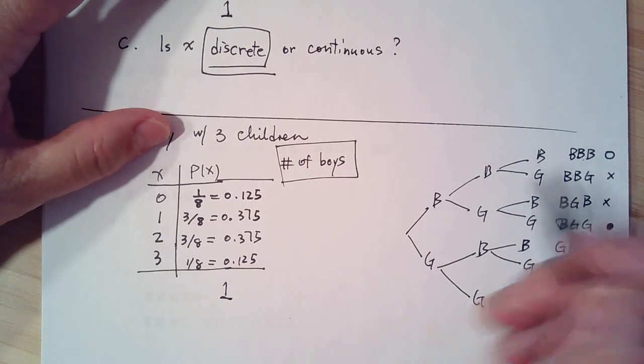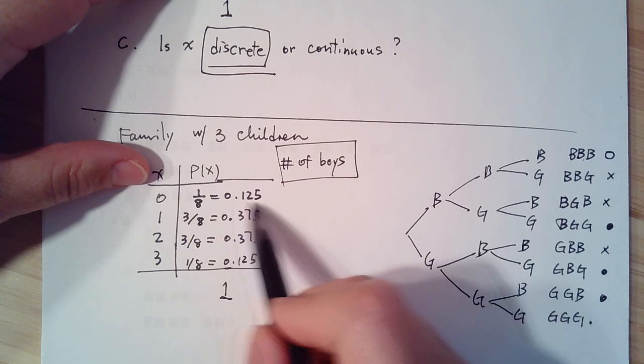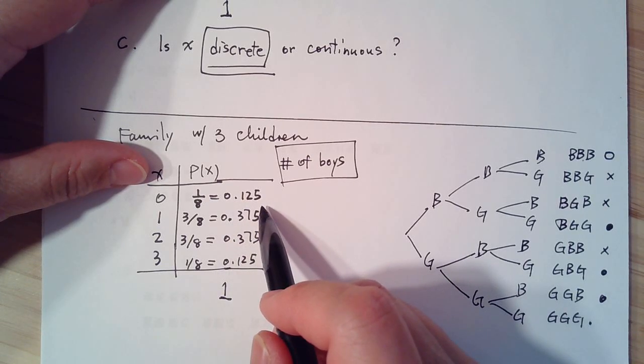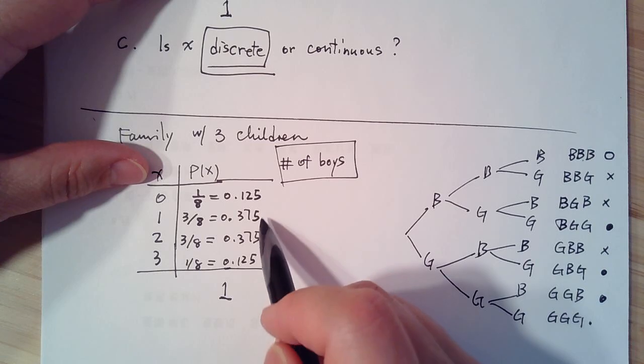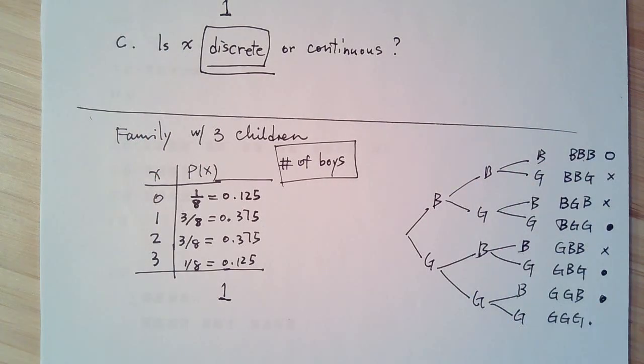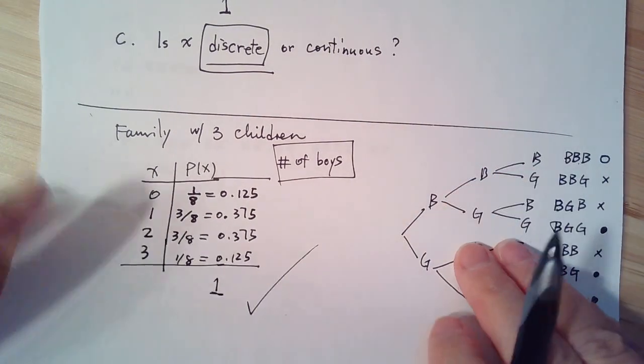The third one, every probability value is between 0 and 1 inclusive. There's nothing more than 1 and nothing negative. So all 3 requirements are good, and this is a probability distribution. It's just a quick expansion of what we learned. Now you get a better understanding of what a probability distribution is and what its requirements are.